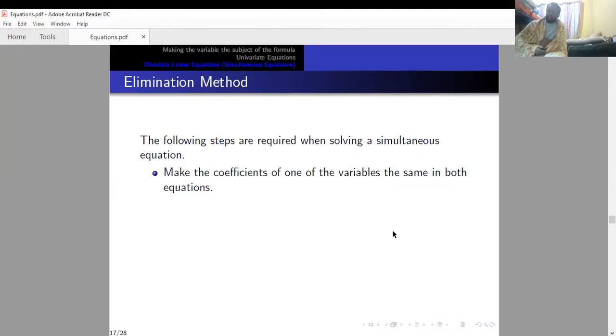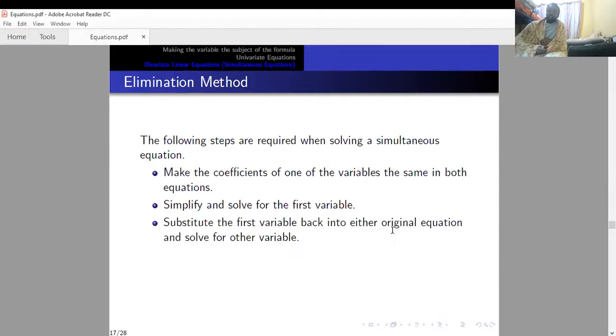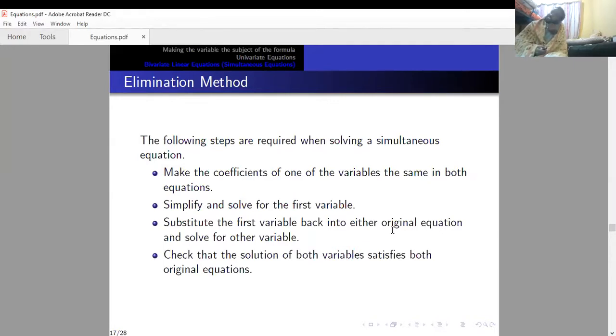So if we are cancelling x, we want to convert the equations such that we have, for instance, positive 6x, then to cancel, we must have at the bottom negative 6x. But of course, we will see about that. Then we will simplify whatever we get when we are doing the cancellation process. Then we'll substitute whatever value we have back into the other variable, and then we can obviously check the solution.